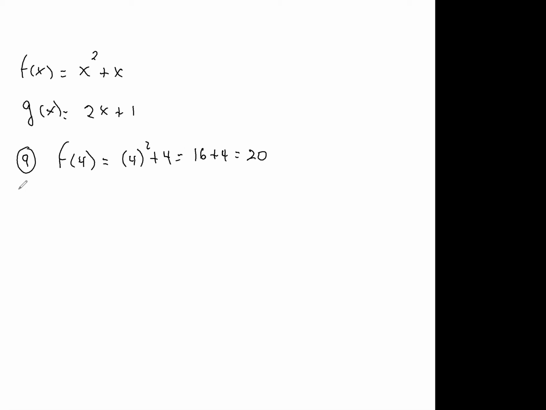Question 10. You see the power is negative, meaning that you have to find the inverse of the function g. The first step, y is equal to 2x plus 1.